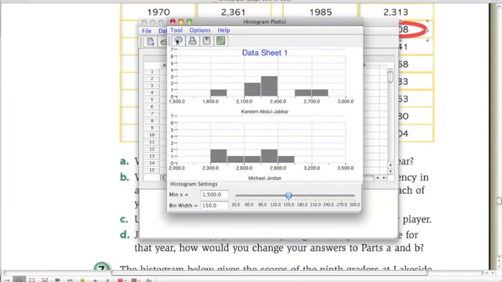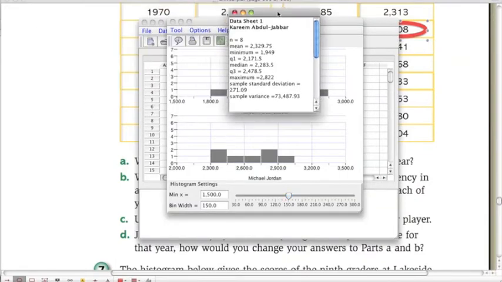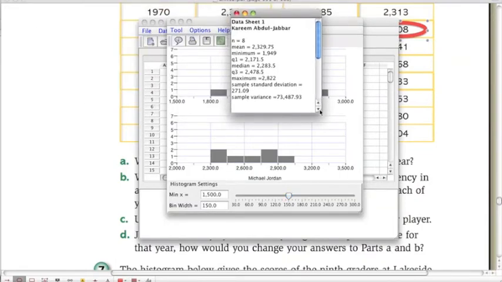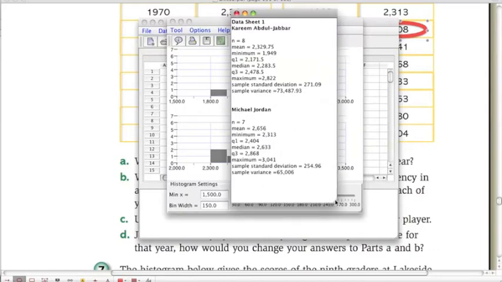Looking at the actual numbers that go along with that, and again, we're looking at the standard deviation. Let me look at both of these side by side, and you can do the exact same thing on your calculator by using the 1-Var Stats. The mean number for Kareem is now clearly lower than Michael Jordan's mean.